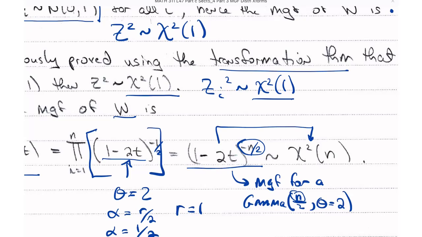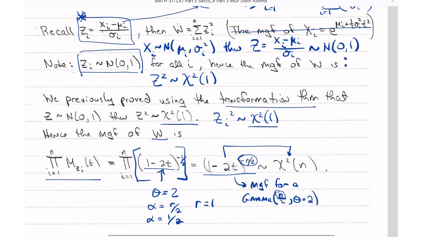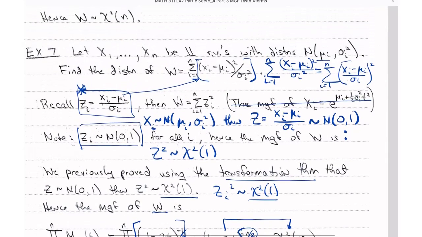All right. So we have just used this theorem to prove that if we have independent normal distributions with any means, any variances, they don't have to be the same, but they're independent, then if we take each one of these variables and subtract their mean and divide by their standard deviation, so we transform them into a z variable, which has a standard normal distribution.